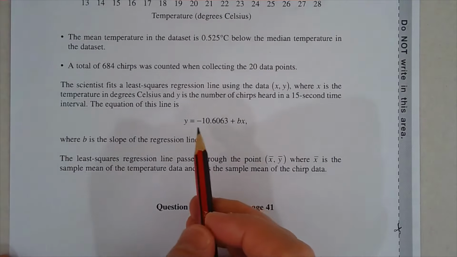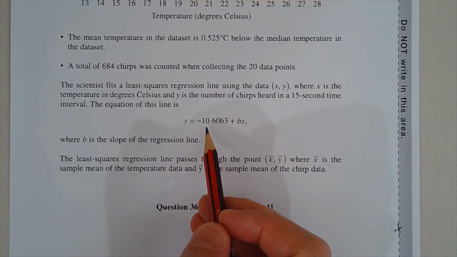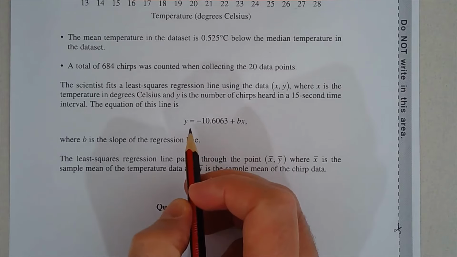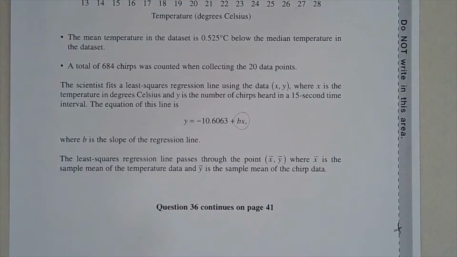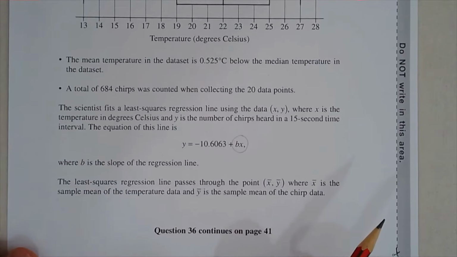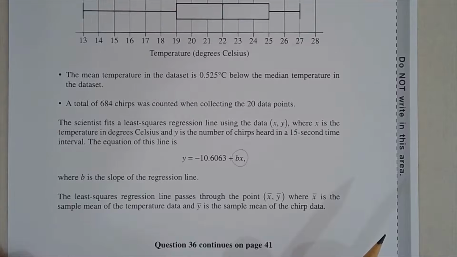Going back to our equation of the regression line, it hinges on this. We need to find the value of b, or the gradient of the line. Working backwards even further, in order to calculate b, we need x bar and y bar.